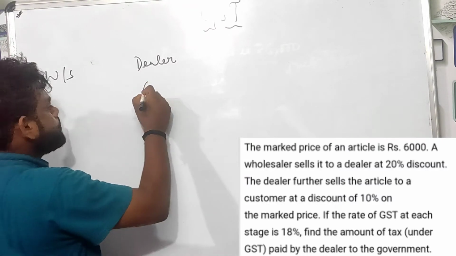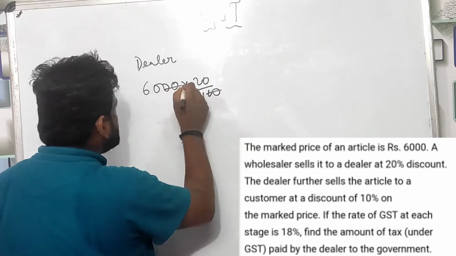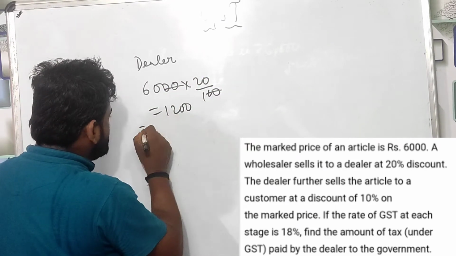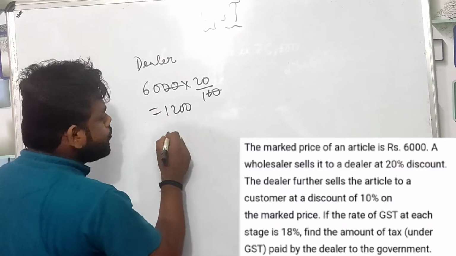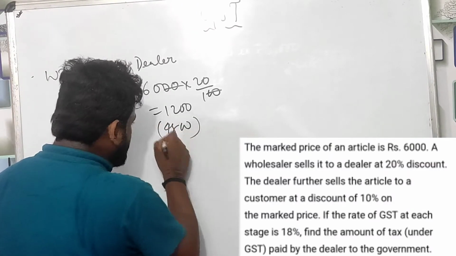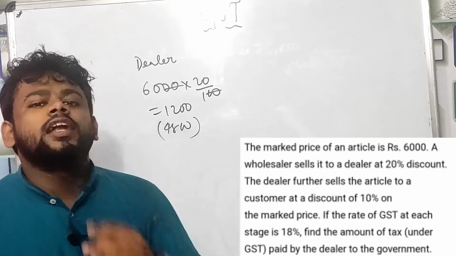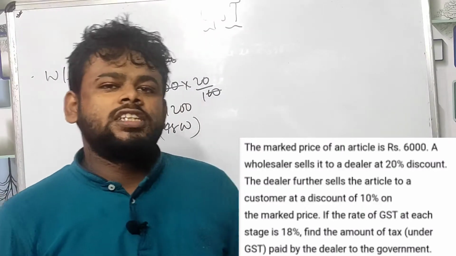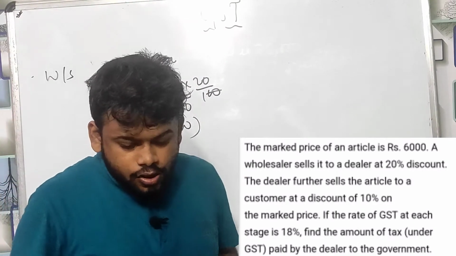That means 6,000 into 20% discount is 1,200. That means you purchased from me at 6,000 minus 1,200, 4,800, right? You purchased from me by giving 4,800 to me. I have given 1,200 discount to you because you are watching my videos. Thank you for that.